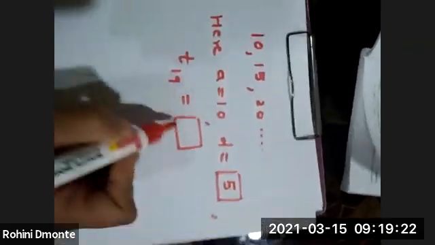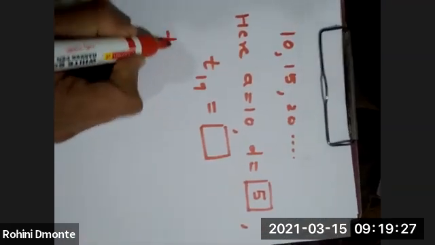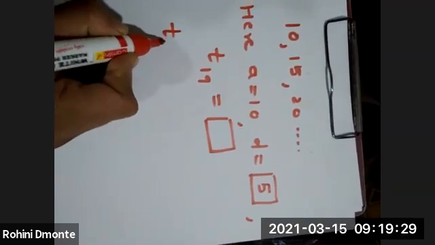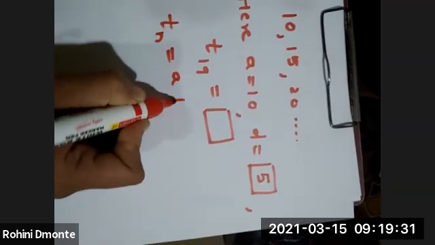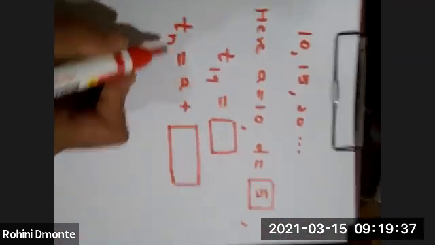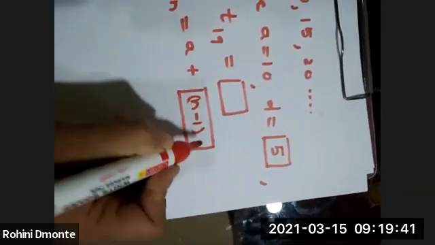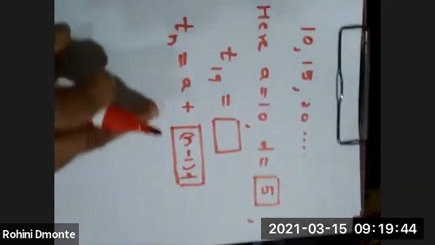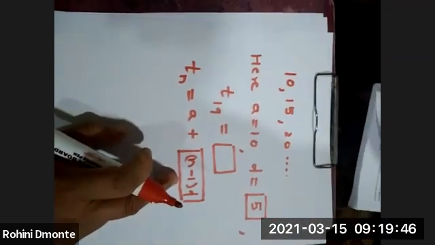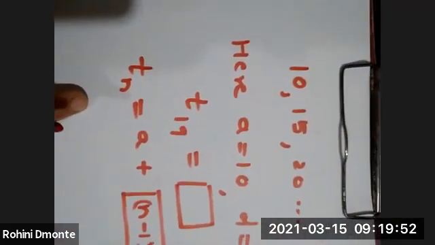Right? Now you have to find T19. For that you have to use the formula. The next block is like this. Tn is equal to A plus, we have to write the formula. Understood, students? So what is the formula? Tn is equal to A plus n minus 1 into D. When you substitute the values of A and n in this, you will get the value of T19.